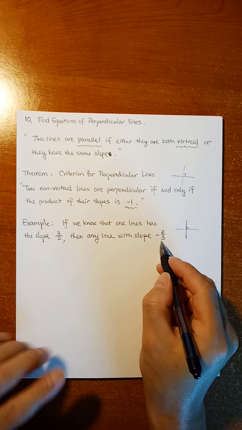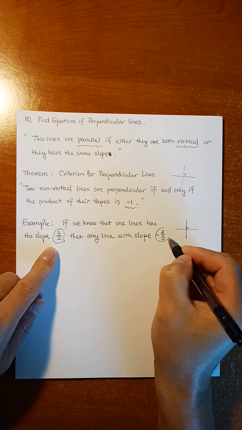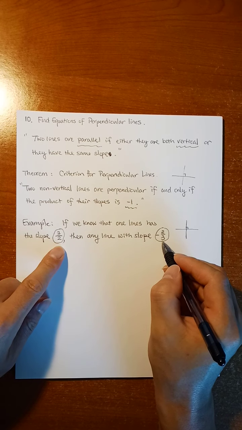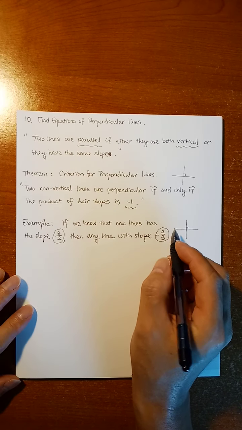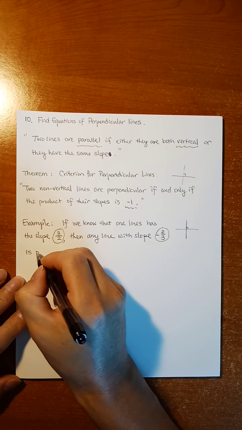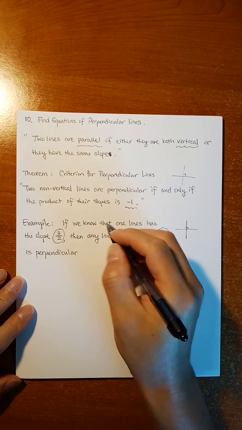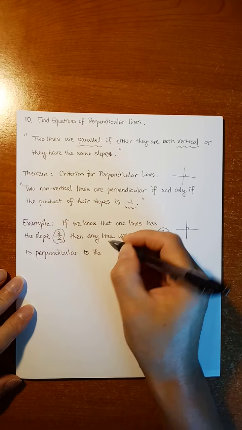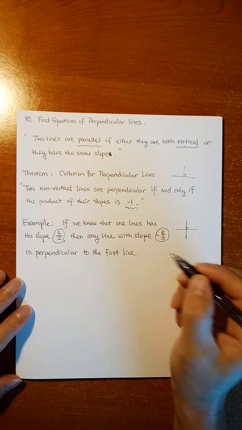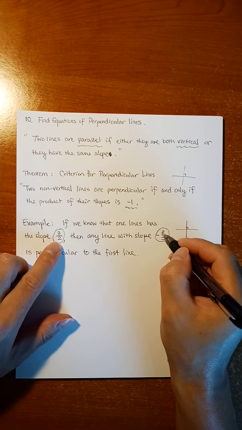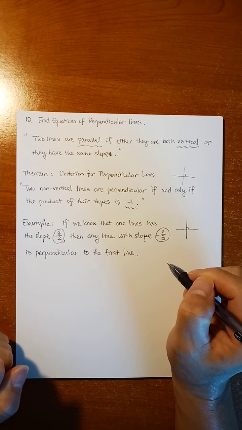Check here, -2/3, because the property between the -2/3 and the 3/2 is that their product is -1. So you just check if the product of them is equal to -1 or not.